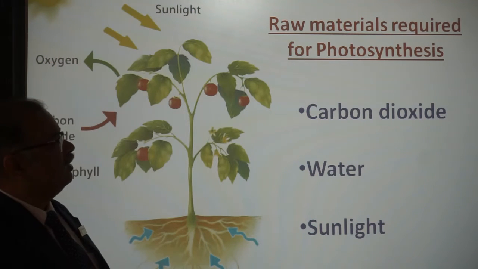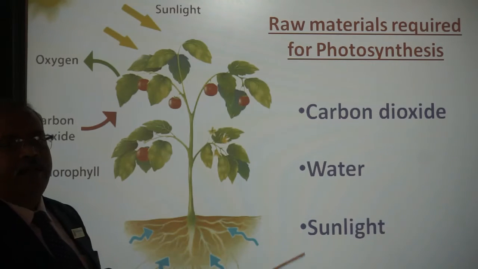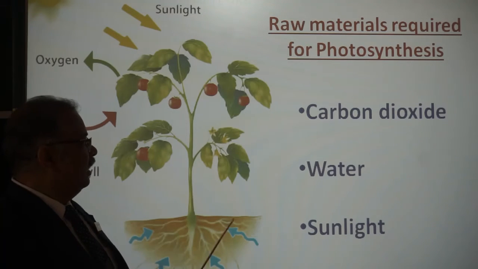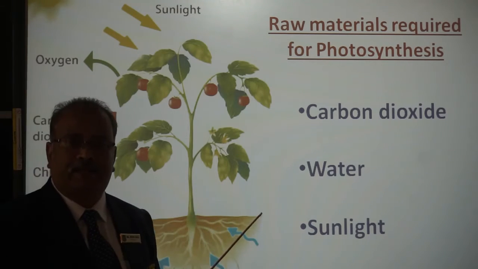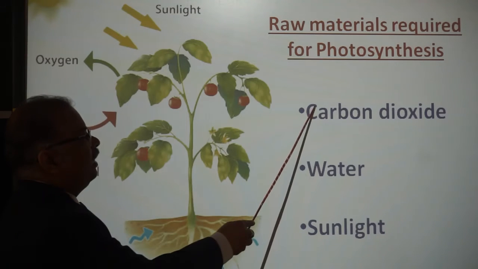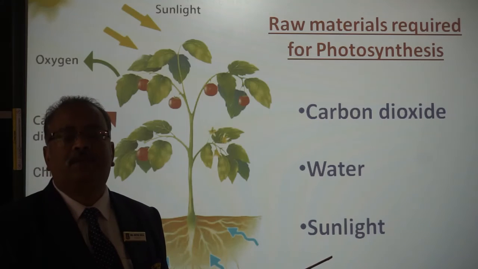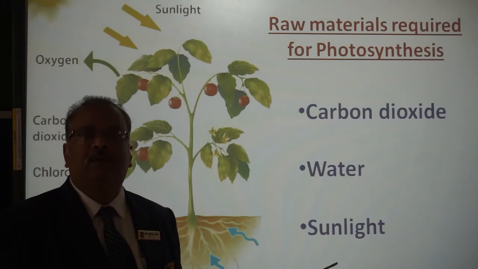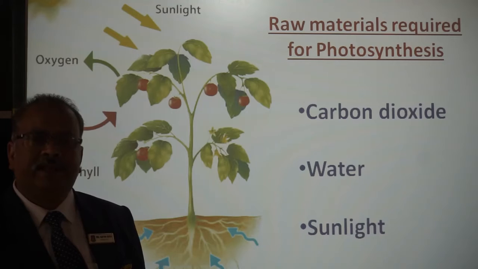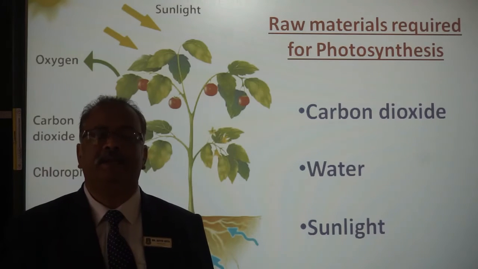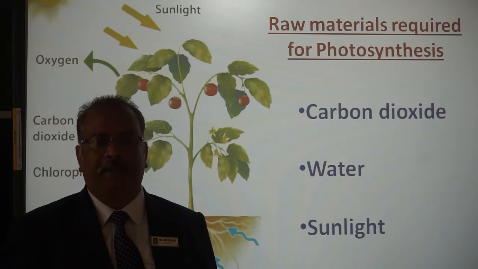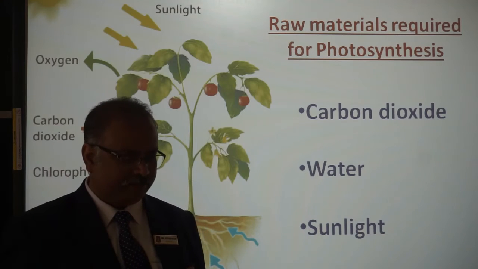Now you have understood how the chemical reaction takes place inside the chloroplast, where carbon dioxide and water give the food to the plant. And what is the food? Food is glucose. In simple words, we can say that it is sugar, which is prepared by the plant.